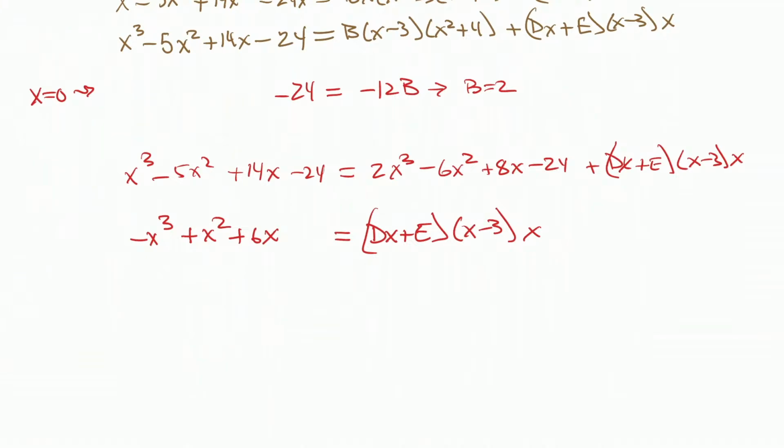But you can see that I can cancel another x, and then you're left with a trinomial on the left. If you just multiply those out, you'll have a trinomial on the right, and I think you'll be able to line up. Actually, there's almost no algebra to do. I can tell you right now that d is going to be negative 1, and e is going to be something else. But yeah, for sure, d is negative 1.